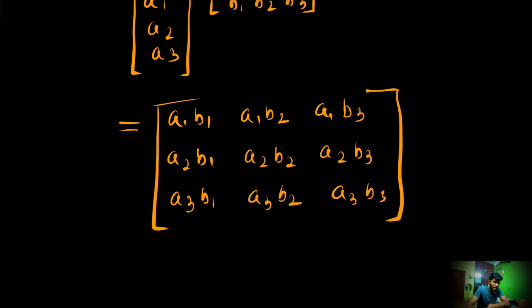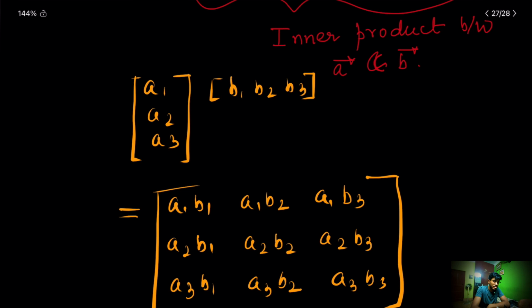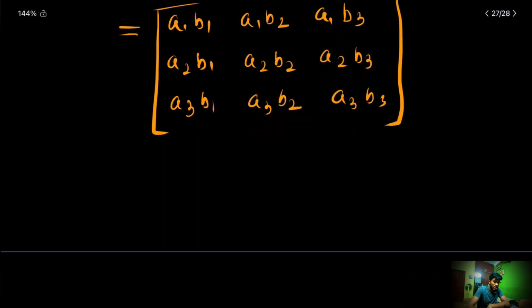And you just see the dimensions of the matrices: this is 3 cross 1, this is 1 cross 3 and this is 3 cross 3, so this is matched.